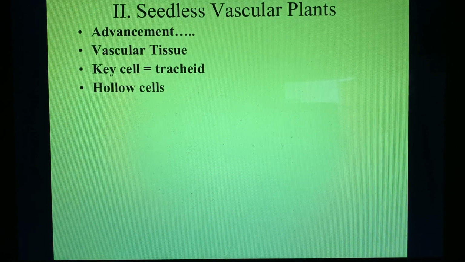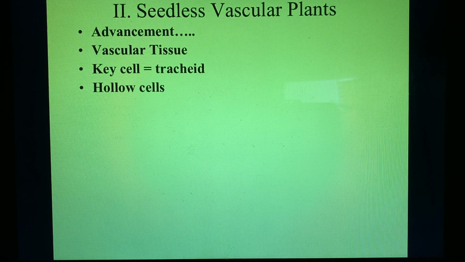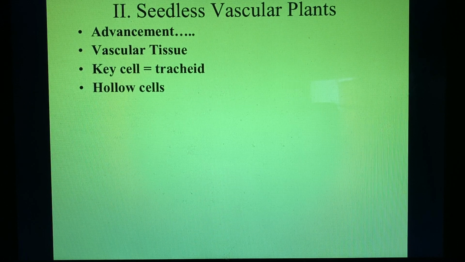Okay? A tracheid is a hollow cell, and you're like, oh, all cells are hollow. Well, that's technically true, but these ones actually have perforations or holes that allow things to come in and then move by osmosis. I'll show you a picture in a second. It's really cool.